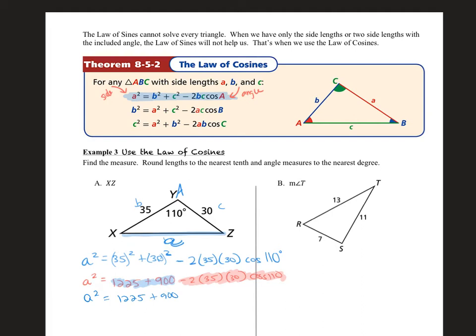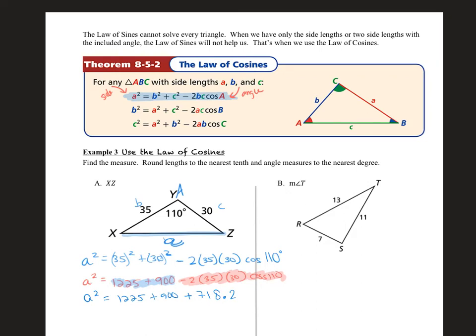So negative 2 times 35 times 30 times cosine of 110, that's going to be 718 point, round to the nearest tenth, 718.2.